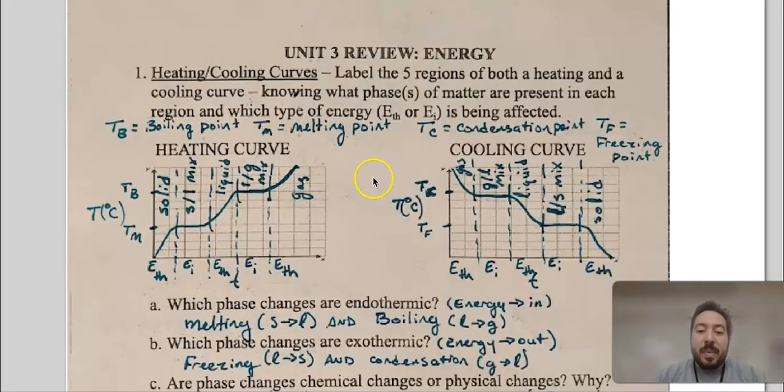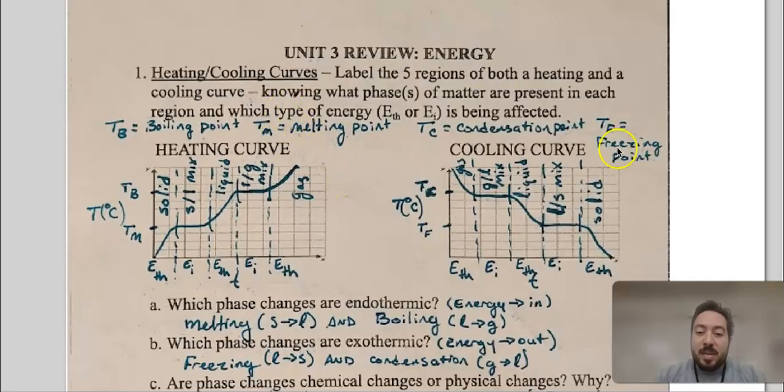Now, a few important points. On the heating curve, we're going to have our boiling point and our melting point, our TB and our TM. Boiling point and condensation point are the same temperature, but in the cooling curve, it's condensation or condensing. On the heating curve, it's boiling because we're heating it up versus cooling it off.